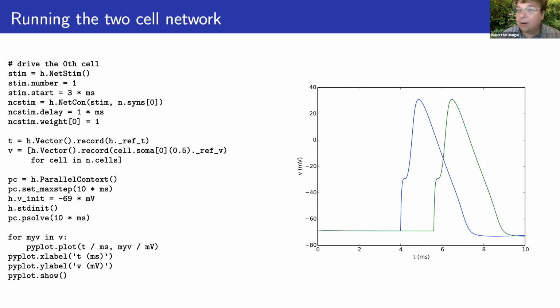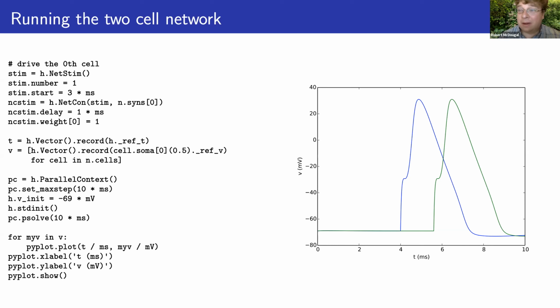Now, if you're playing along at home, you may have realized that in this model, we're building a lot of parallel infrastructure. We're 90% of the way there. We haven't actually told it to run in parallel, so this isn't going to run any faster.